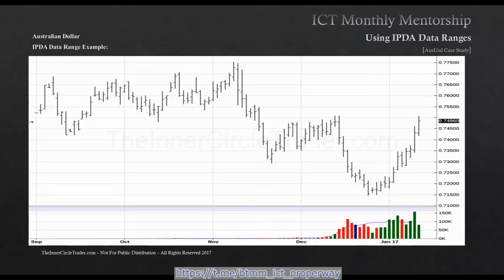So if we're going to be looking at the Australian USD pair as our case study, we're going to be looking at how influential the study of just the futures contract alone is, how that's paramount in understanding how that moves right into and segues beautifully into trading in the foreign exchange market.